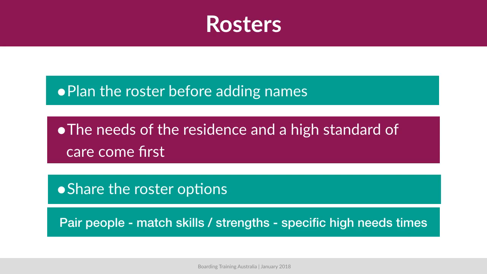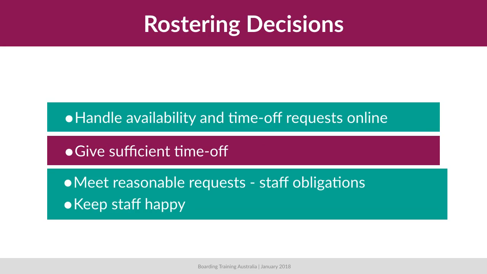Plan the roster before adding names. The needs in the residence come first before a supervisor's particular needs. They might say, I need every weekend, and you might be saying, well, the residence has particular needs. Share roster options, pair people, match skills and strengths, etc. Handle availability and time off requests online if you can.